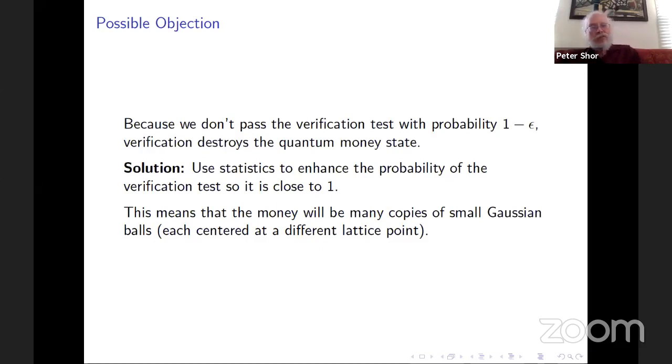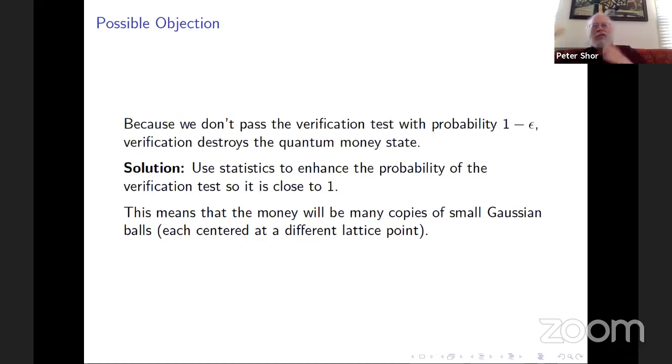The solution to this is to use statistics to enhance the probability of the verification test so it is close to 1. The easy way to do that is to make the money be many copies of small Gaussian balls. Because you cannot create Gaussian balls at the same lattice point more than once, you will get Gaussian balls each centered at a different lattice point. Then you can do statistics and see whether each of these tests is passed with the probability you expect.